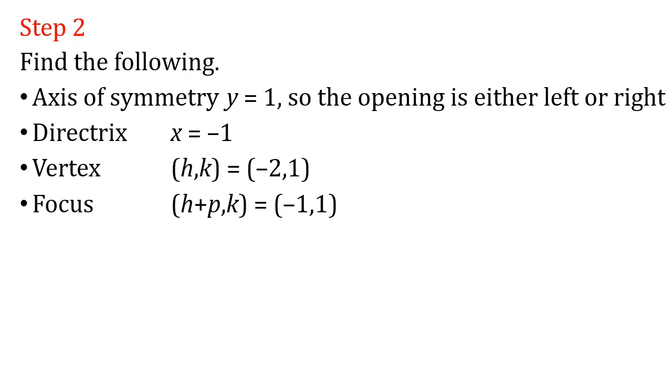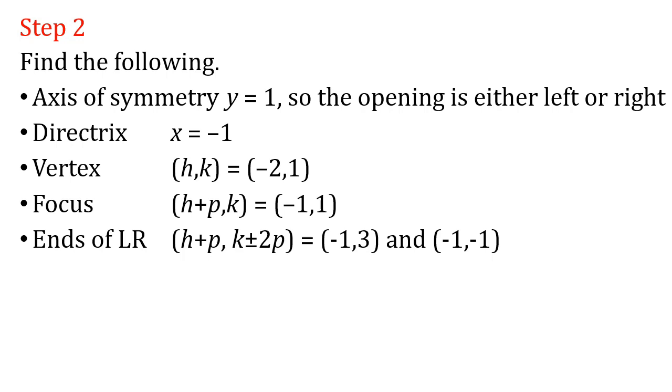Then focus, if you use the value of h, p, and k, you're going to get negative 1, 1. So focus is h plus p. H is negative 2, p is 1, negative 2 plus 1 is equal to negative 1. And then k is 1.